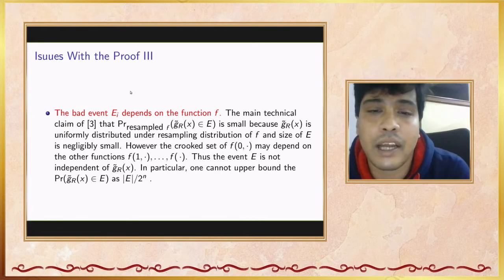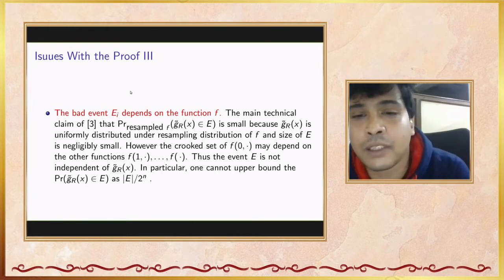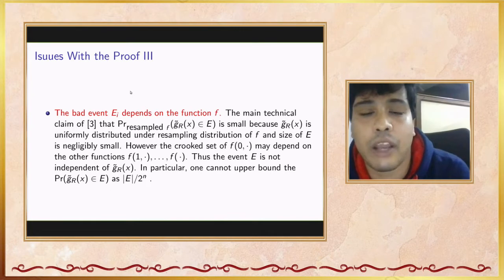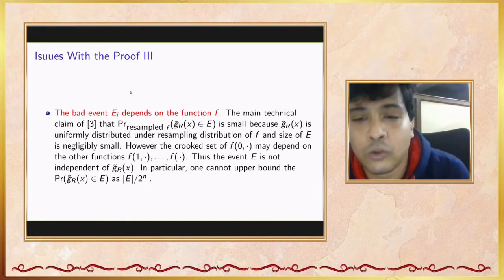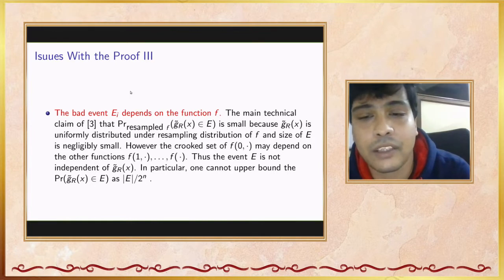In their case they took E to be the crooked set of F0. But the problem is the crooked set of F0 can depend on other functions F1 up to FL, because the subverting algorithm at F0 can query F1 up to FL. So the event E and g tilde R(x) are not independent, and we cannot upper bound in that way.